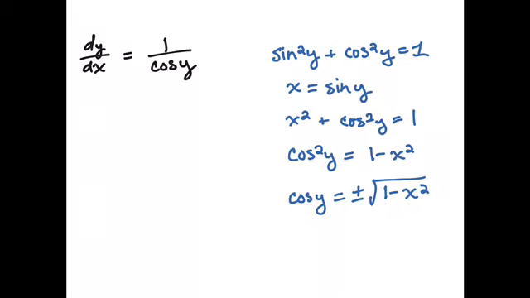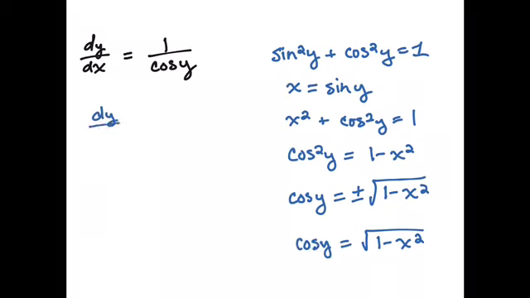However, we are limiting y to the angles of -π/2 to π/2, and in those two quadrants on the unit circle, cosine is positive. So we're not going to use the negative here. We're just going to say cosine of y is the positive square root of 1 minus x squared.